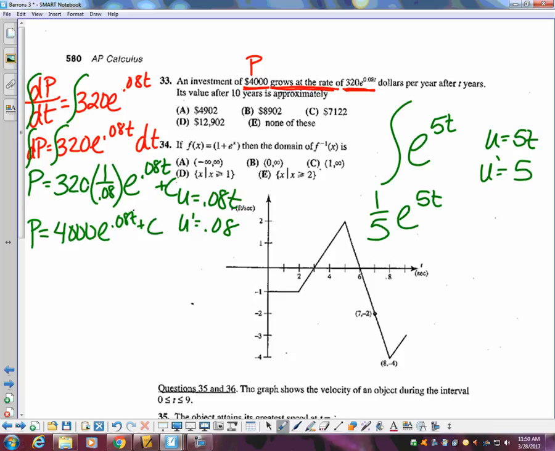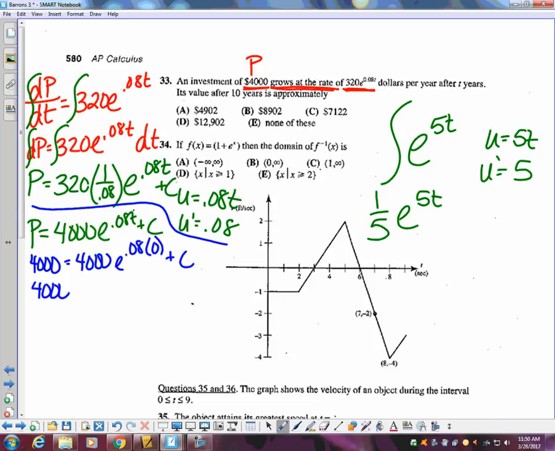Okay, then it says, let's see, I need my c. So it says initially we had $4,000. So I had $4,000 when time was 0.